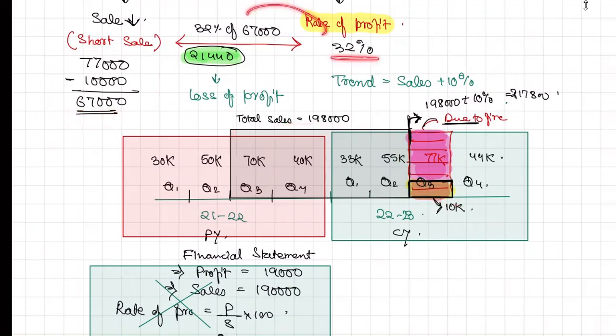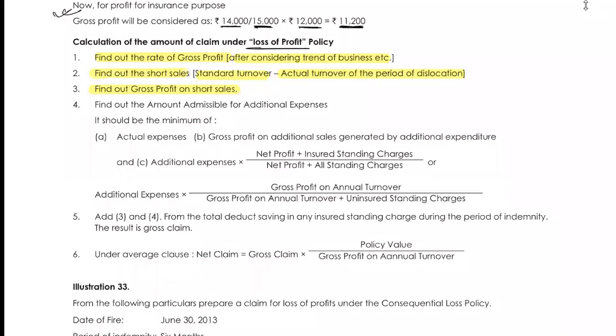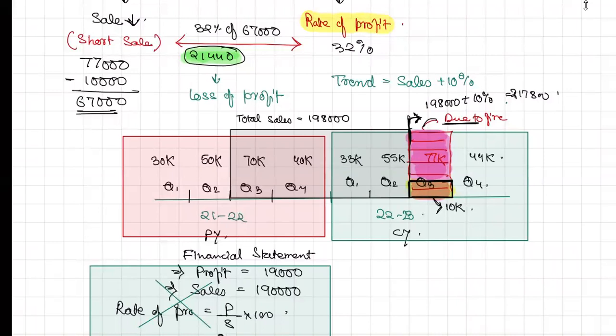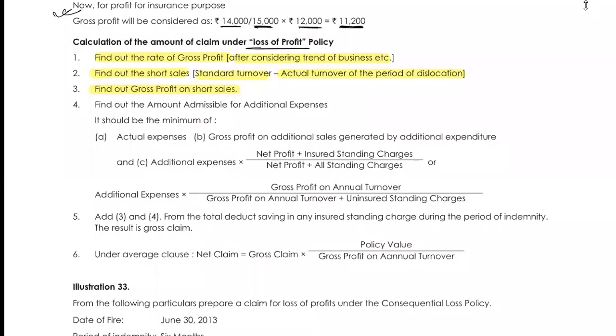So you have found out gross profit on short sales, correct? Let me bring this closer. Give me a second. Okay, see, we have found the gross profit on short sales.